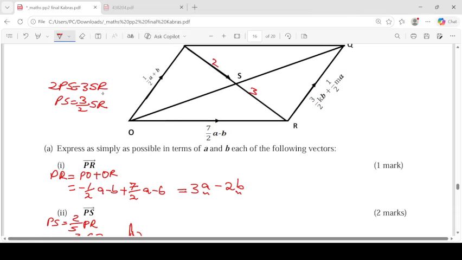When they say 2PS is equal to 3SR, it means, let me get the relation between them. So it means that 2PS is equal to 5 PR.